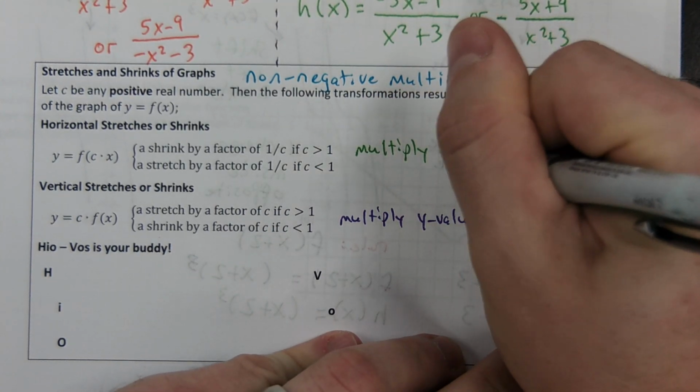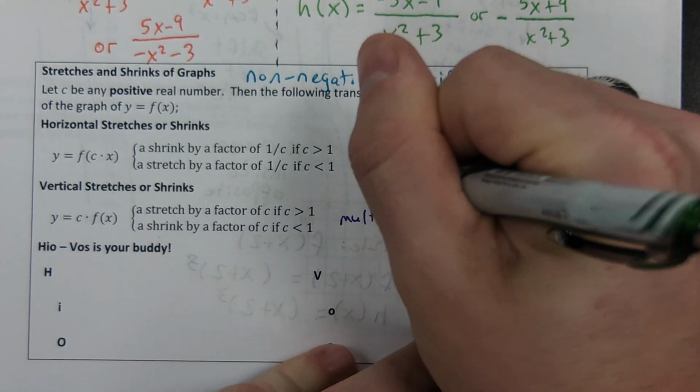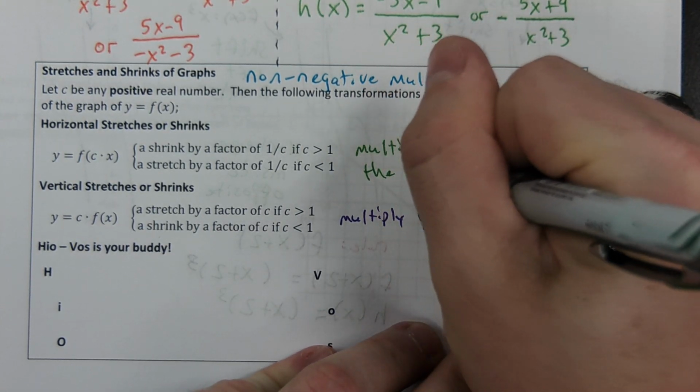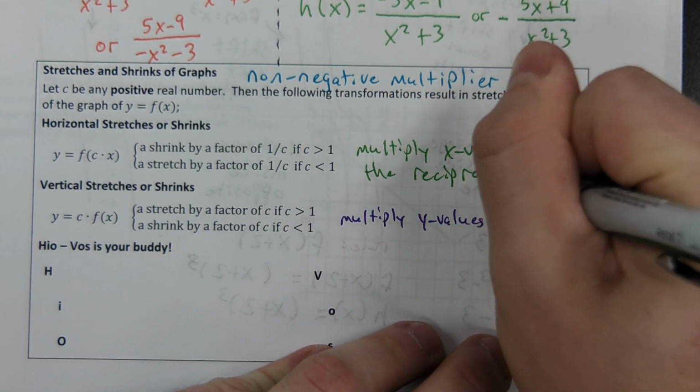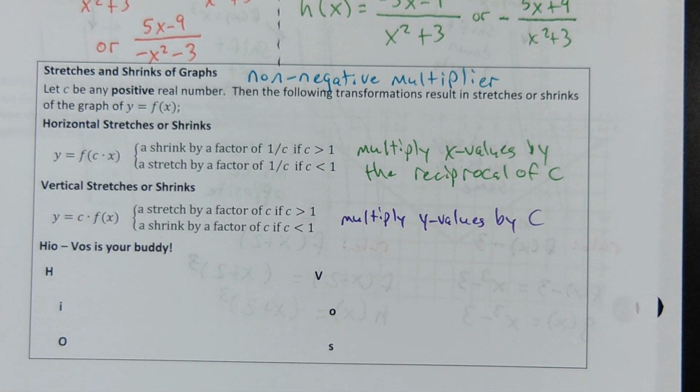Multiply x values by the reciprocal of C. That means flip the fraction over. So if you see a 3/4 in front of your x, you think to yourself, okay, that's actually multiplying by 4/3. That's bigger than 1. That's a horizontal stretch.